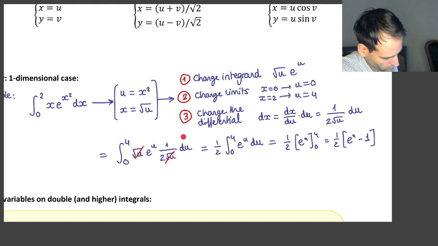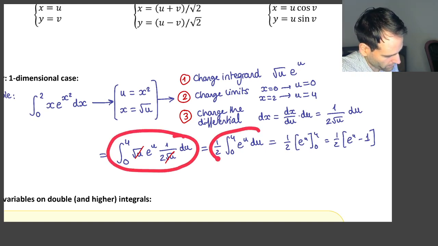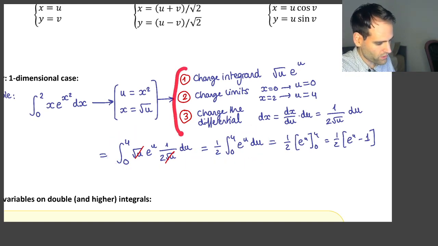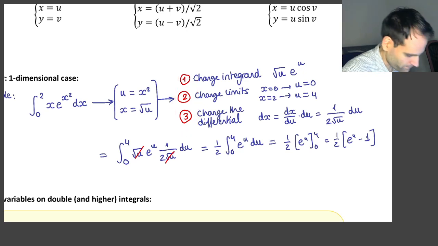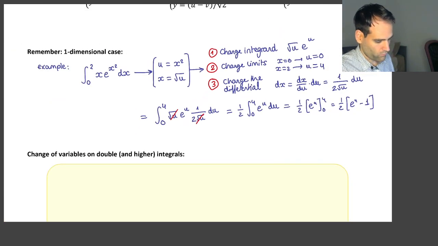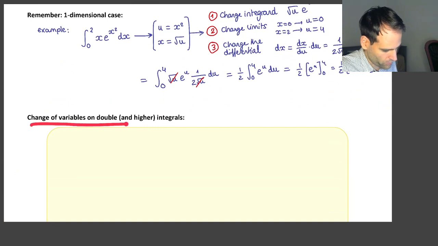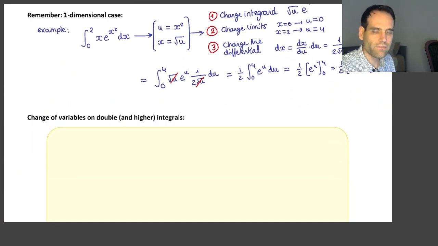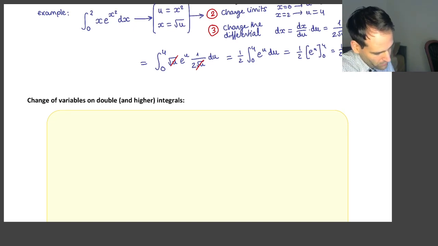But now we are focused on arriving here or here, and the fact that we had to do these three things. So when we are changing the variables on double or triple integrals, we have to follow the exact same three steps.